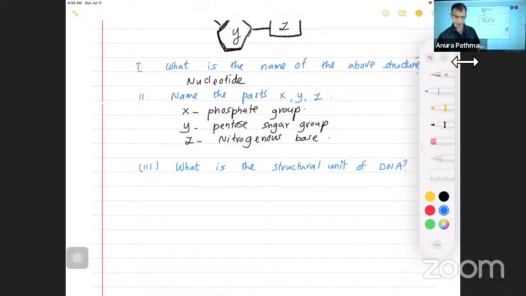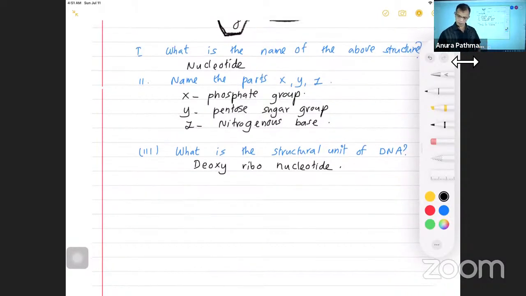The answer is deoxyribonucleotide. We call DNA deoxyribonucleotide. And fourth question.